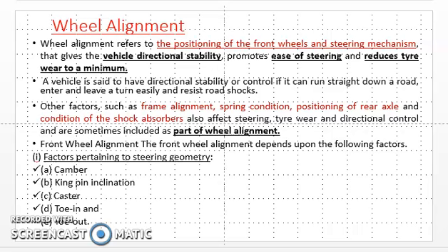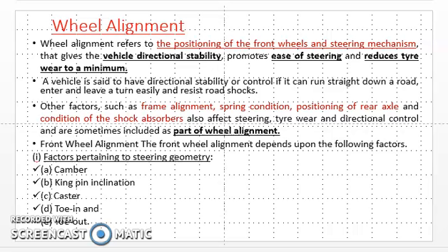First, there should be a front end alignment. Second is thrust angle alignment, and third is four-wheel alignment. When all three types of alignments are done, we can say that the wheel alignment is achieved.